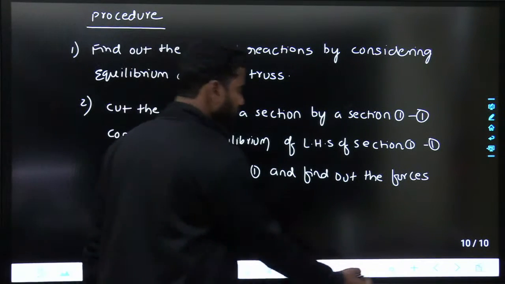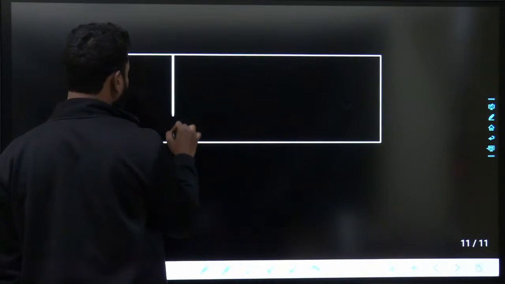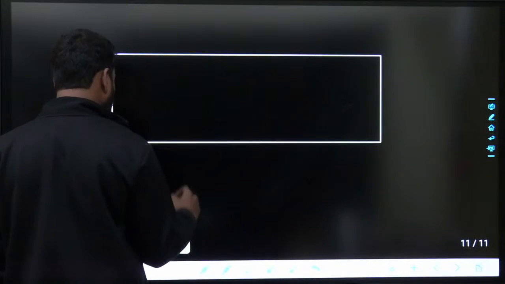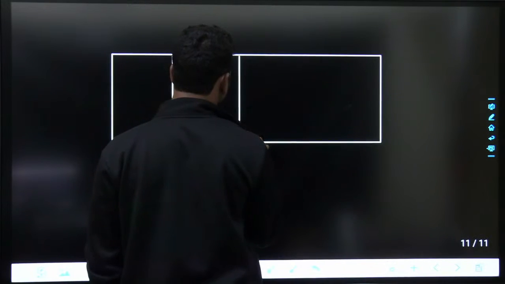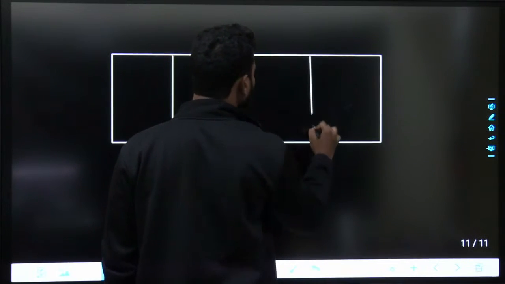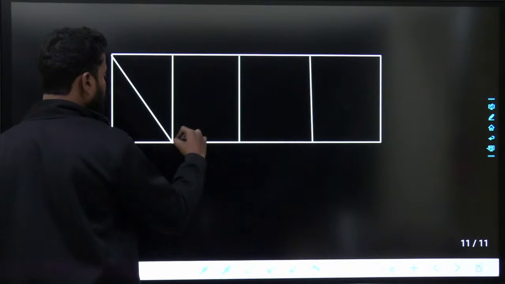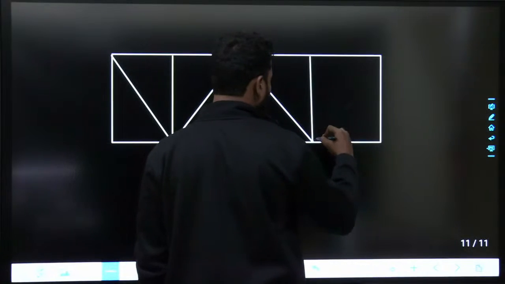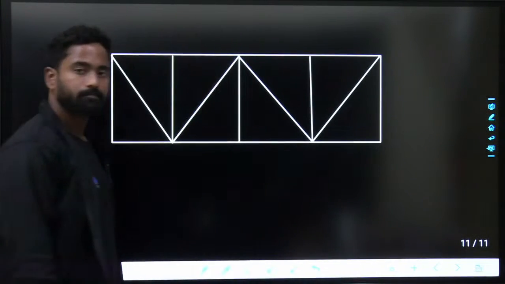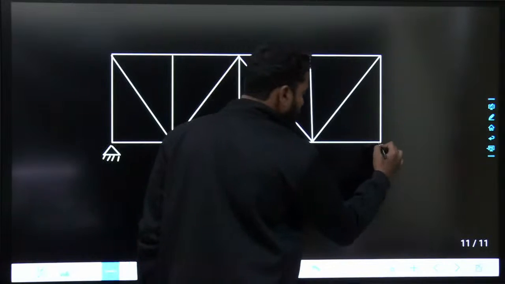So what exactly this means is, suppose there is a truss, let us say there is a truss like this, and these are the supports.